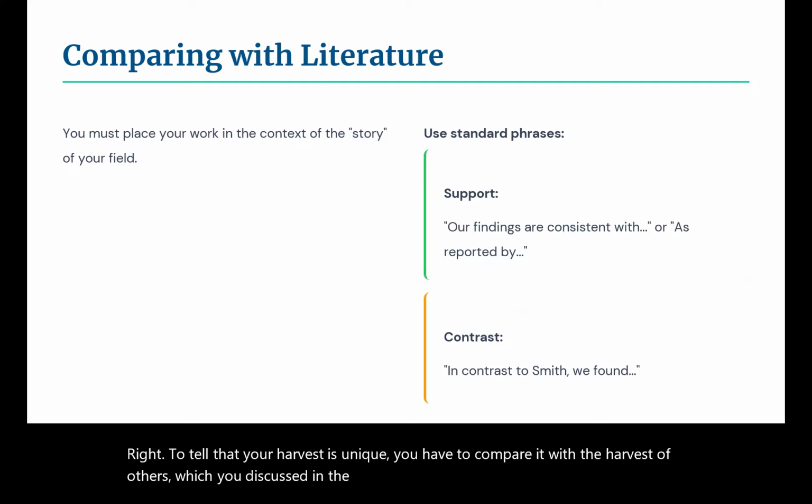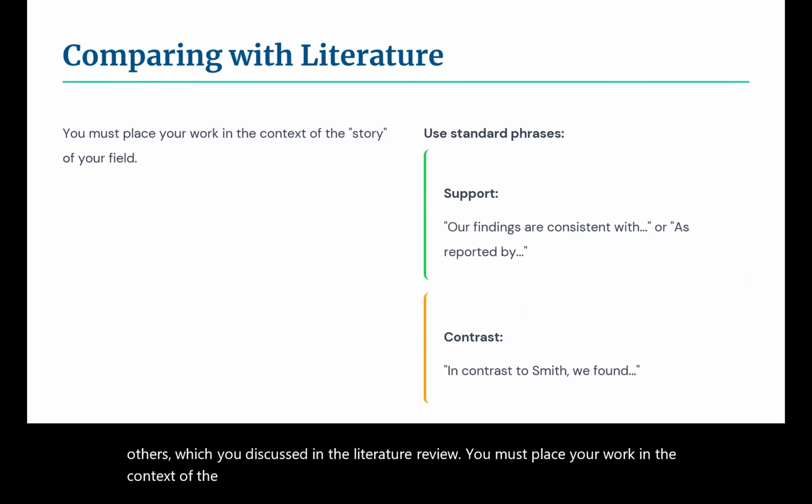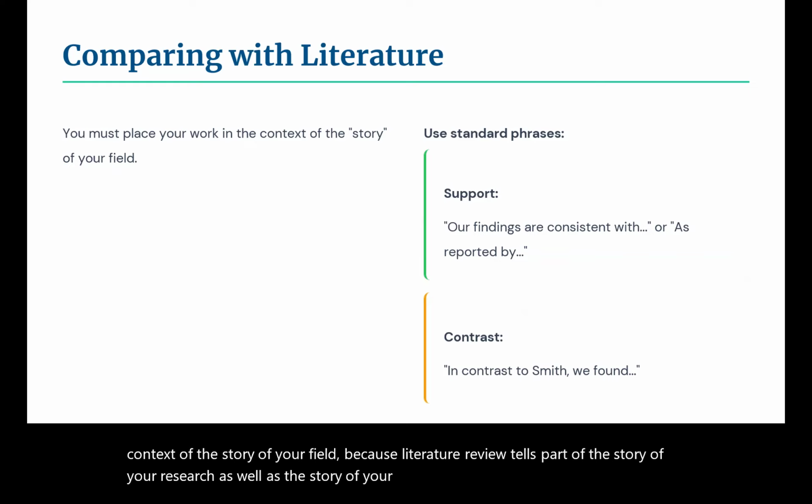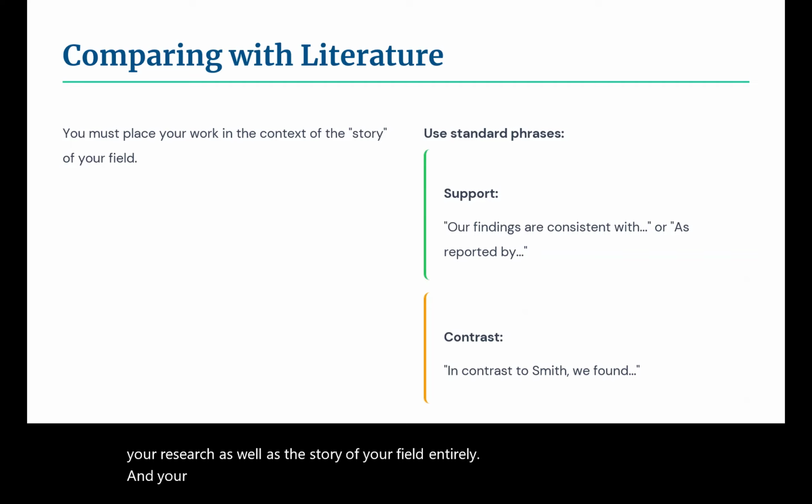You must place your work in the context of the story of your field, because the literature review tells part of the story of your research as well as the story of your field entirely. And your result speaks your part of the story, right? There is where you have to compare your results with the literature.